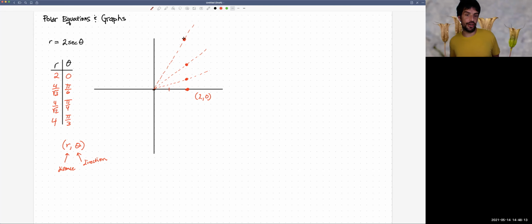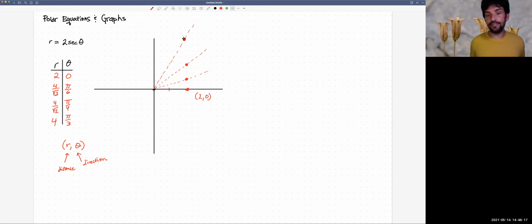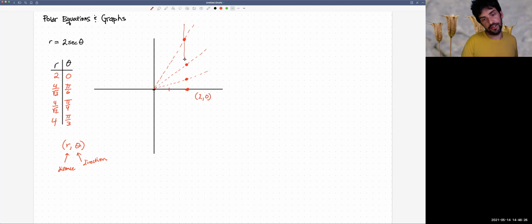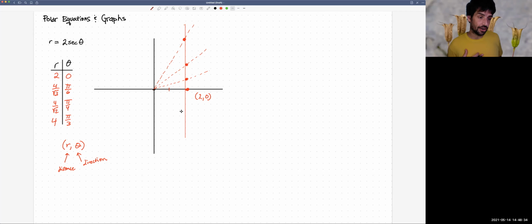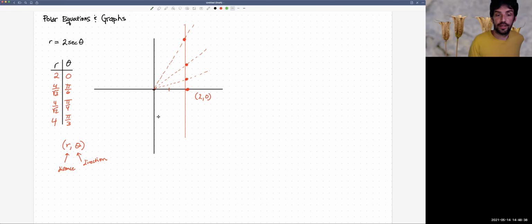I may have an understanding of what this is supposed to look like, and we'll talk about that in a second, but it gives us some sort of notion of what this thing looks like, right? And the way I'm writing it, it almost looks like this might be tracing out a vertical line. Okay, so my dots aren't perfect, but it turns out this is true. Let's see if we can examine why.